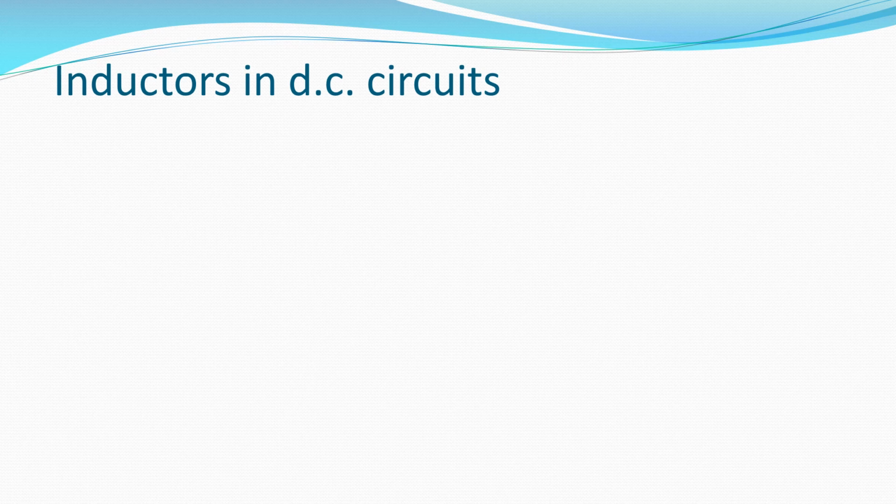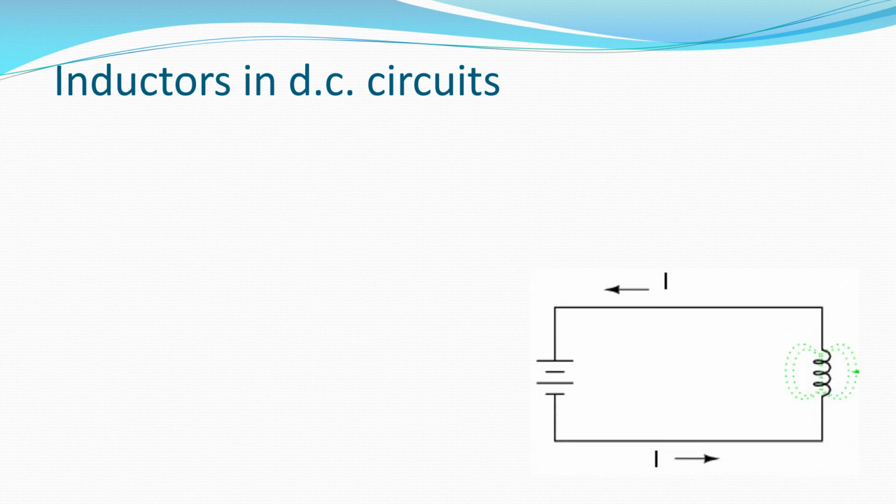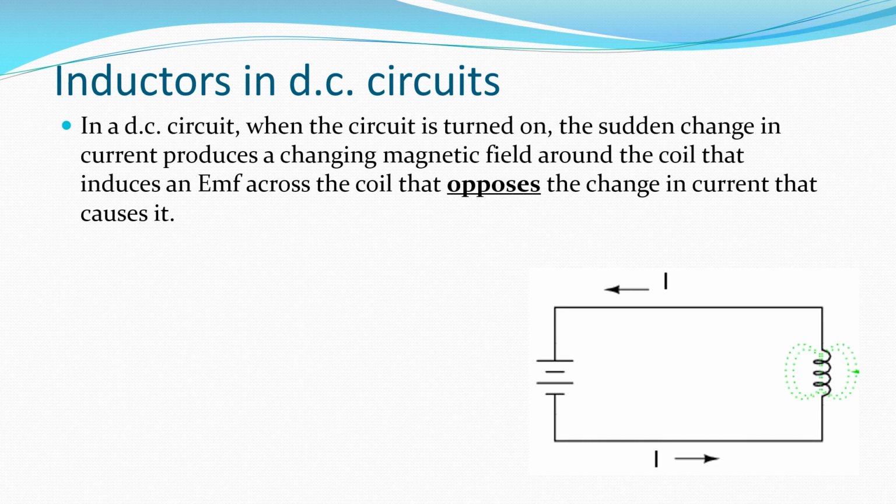Inductors in DC circuits. Here's a basic diagram of an inductor coil within a circuit where we have a power supply. In a DC circuit, when the circuit is switched on, there's a sudden change in current. We had no current, and then all of a sudden we have a current. Now this sudden change in current produces a changing magnetic field.